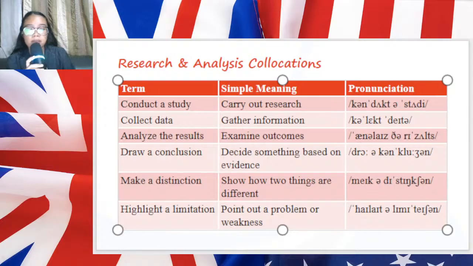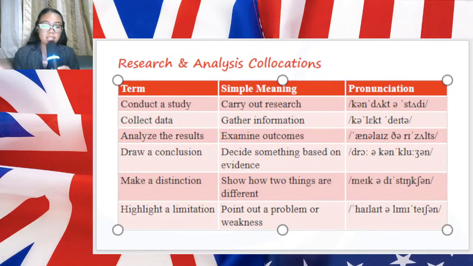So the phrase here is really important because the word collect emphasizes the deliberate and organized way researchers obtain their data. So this is not a random or casual thing, it's purposeful and it follows a method to ensure the information is reliable and valid.